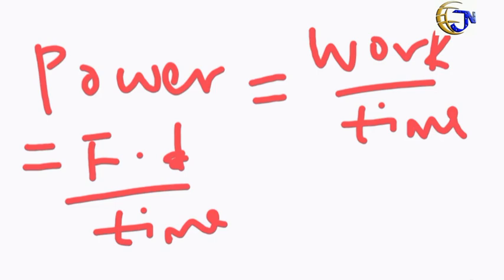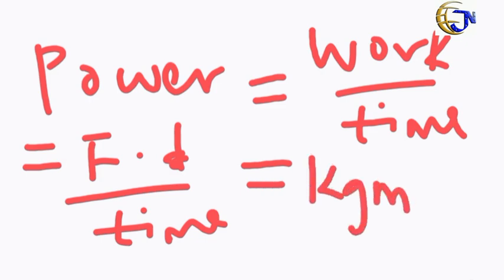Remember, power is measured in watts, but we want to get the unit in terms of kilogram, meter, and seconds, the three standard, the three fundamentals. So remember that we did this and we got force as kilogram meter per second square, and then we added that of distance to have it to be meter square.